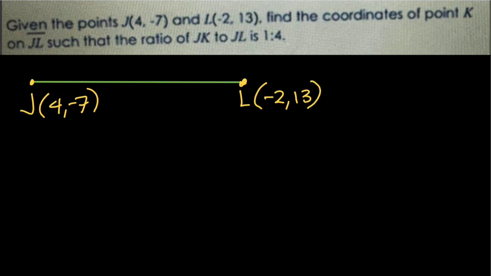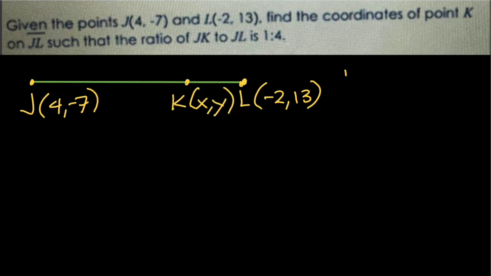It says that point K is on segment JL and the ratio of JK to JL is 1:4. So point K could be somewhere here or somewhere here. Let's just say point K is here, with coordinates x, y.